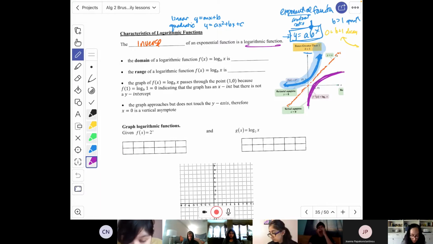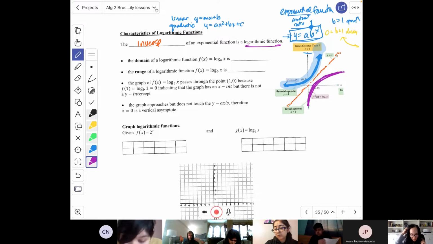So geometrically, a logarithmic function is just the inverse of an exponential function. It's just an exponential function that has been reflected across y equal x. So what are you doing to get the equation of a logarithmic function from an exponential function? You're just interchanging the x and the y, and you're solving for y. That's it. So logarithmic functions aren't these weird, mysterious, difficult things. Yes, they have rules, but logarithms are just exponents. They're reflections of exponential functions.